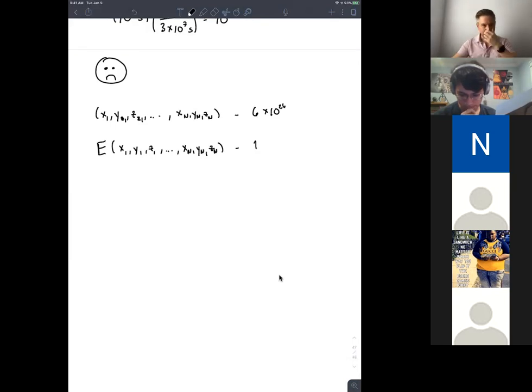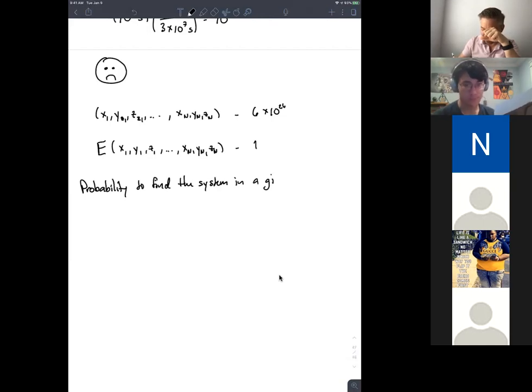In particular, once we're able to write down the energy of our system, we are going to assume that the probability to find the system in a given state is a function of that energy.